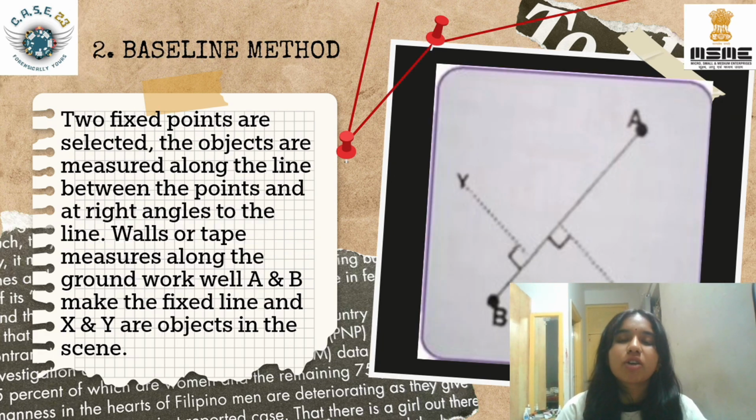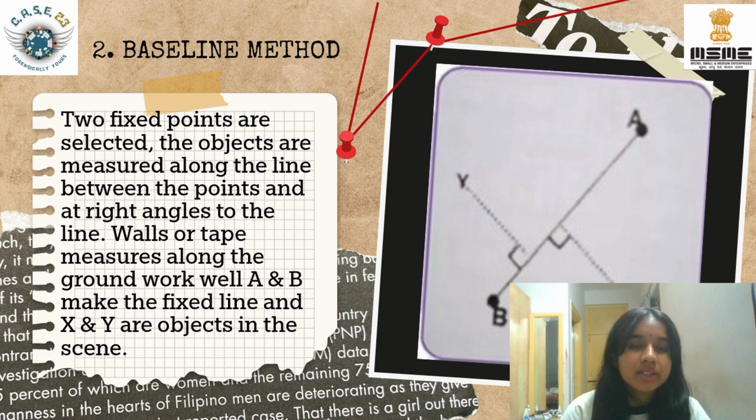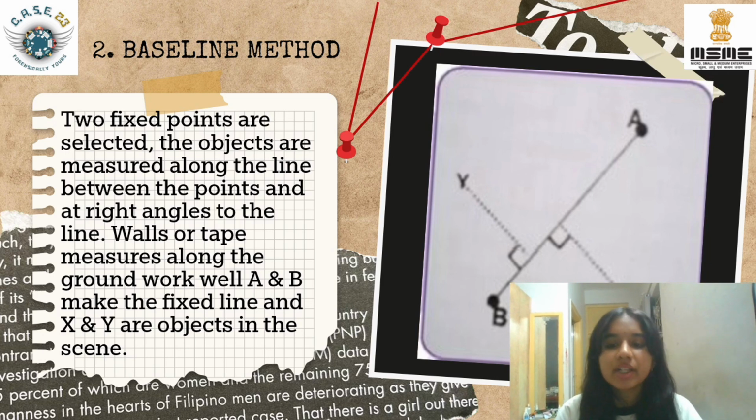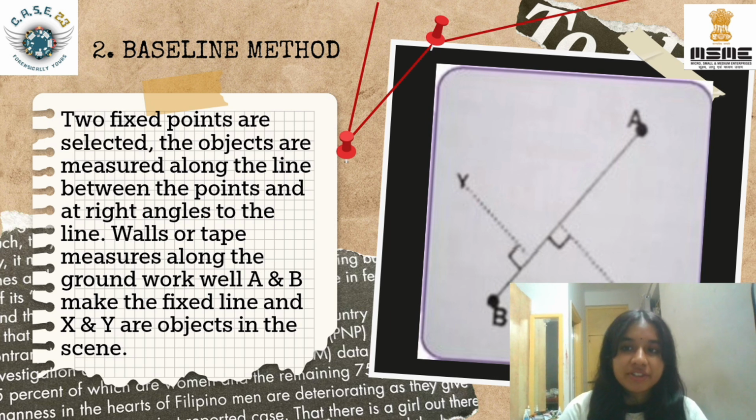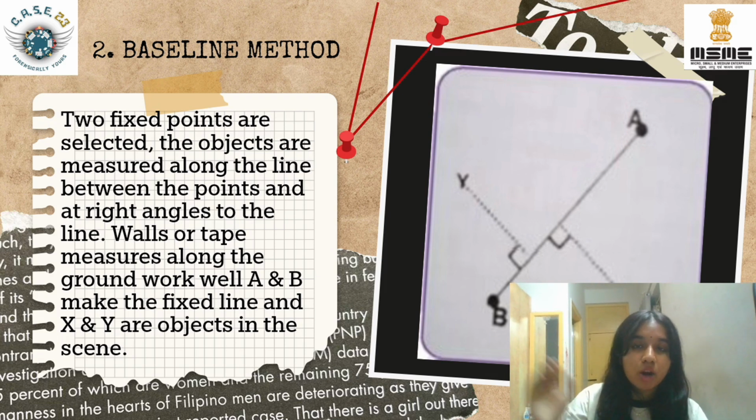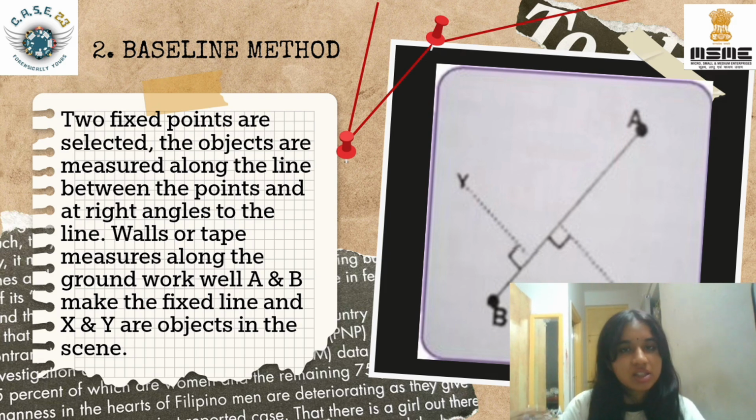The next method of sketching that we will be discussing is the baseline method. In this method, two fixed points are selected again, just like the previous method, A and B. A reference point is taken, let's say a wall or any other sturdy object, for example a cupboard, as a baseline, and from the baseline the evidence distance is measured.